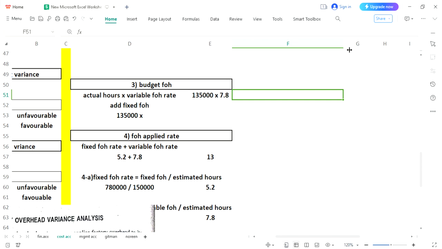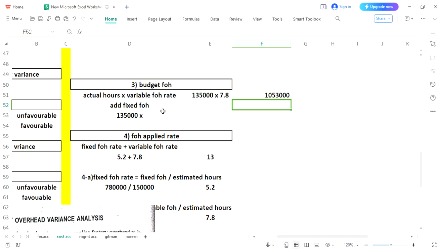You are needed to write down its answer by calculating. But you will do 1,35,000, and it would be multiplied by 7.8. So this way actual hours multiplied by variable FOH rate has been mentioned.